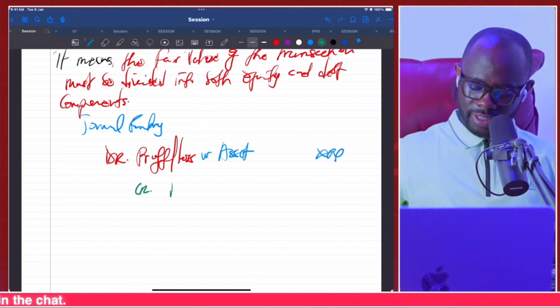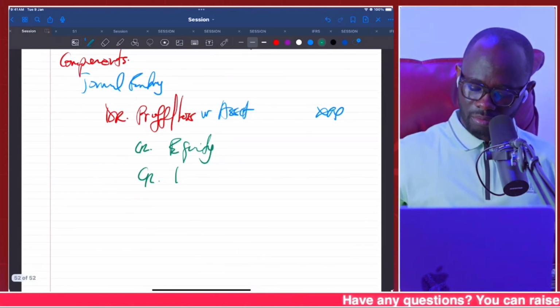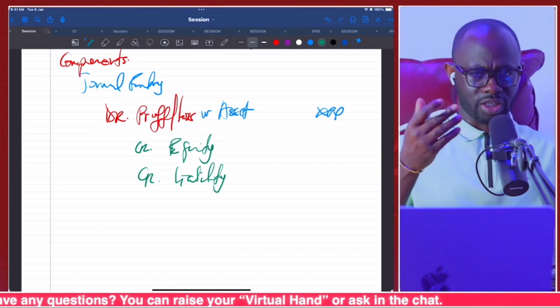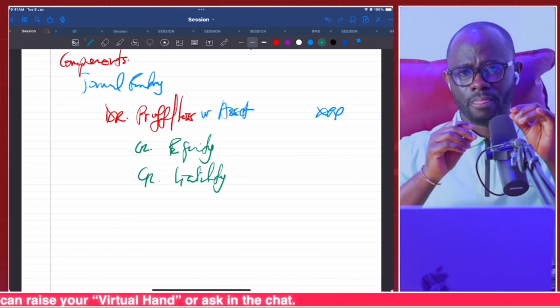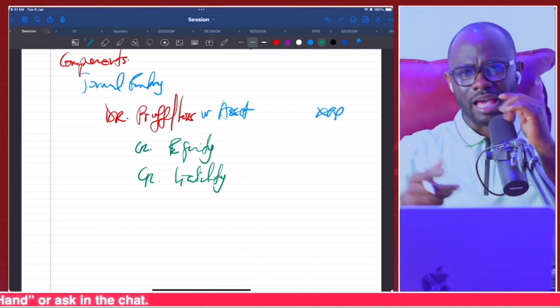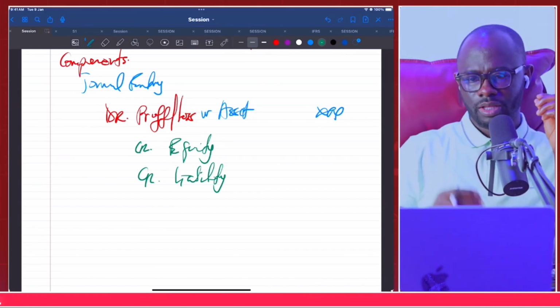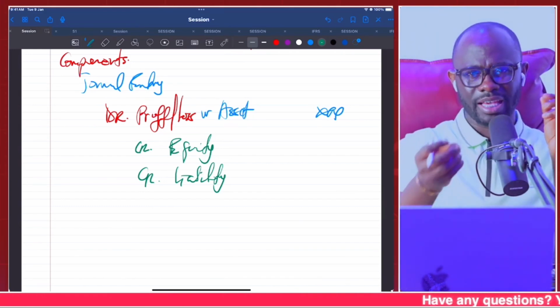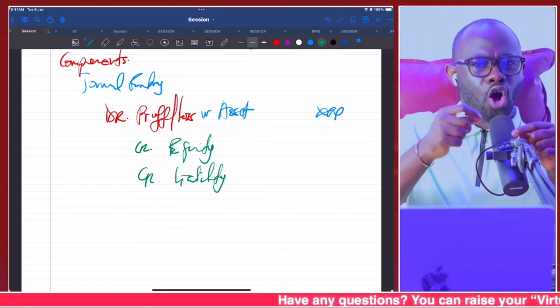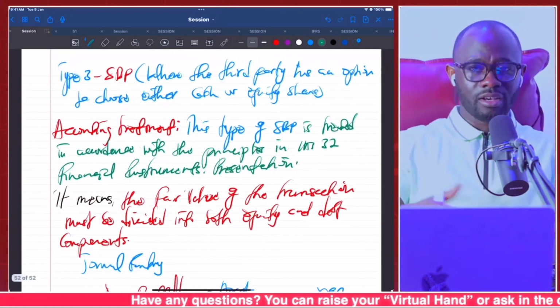We have to credit equity and credit liability. Okay, so this is where the principle shines. What is the liability? Simple. The liability component is the cash option of the transaction.